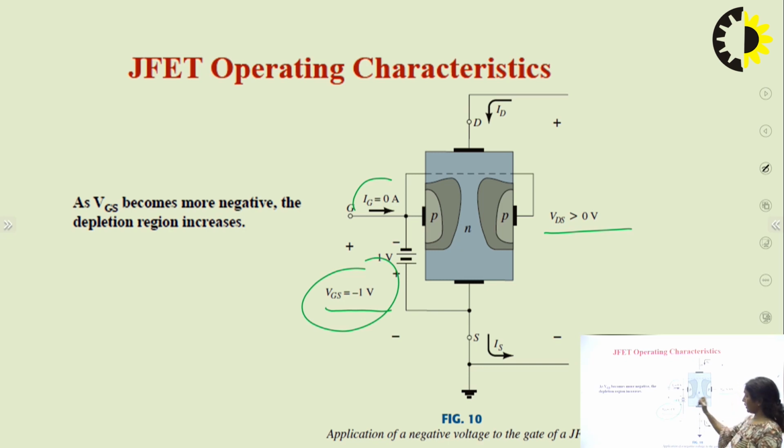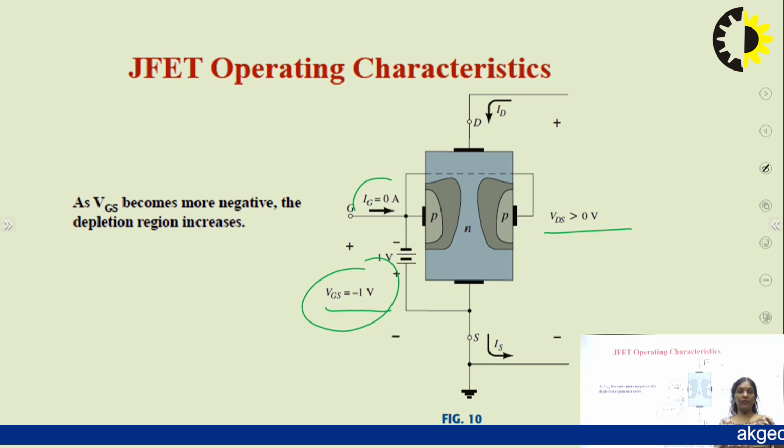So we reverse bias the gate to source voltage, and we are also reverse biasing the drain to source voltage. So we are reverse biasing the input terminal, and also the output terminal. What will be the effect of the reverse biasing from two sides? Obviously both are reverse voltages, so the depletion layer grows at a faster rate.